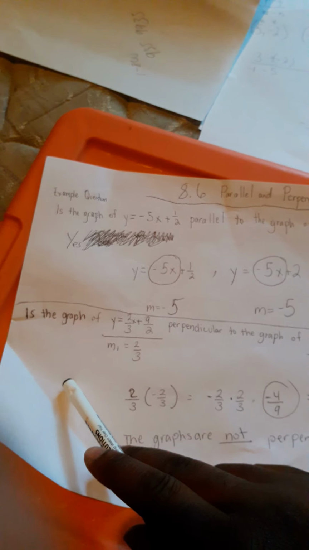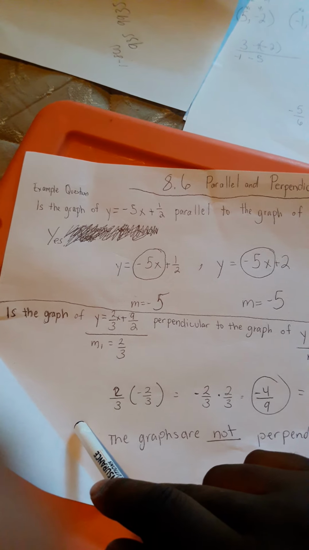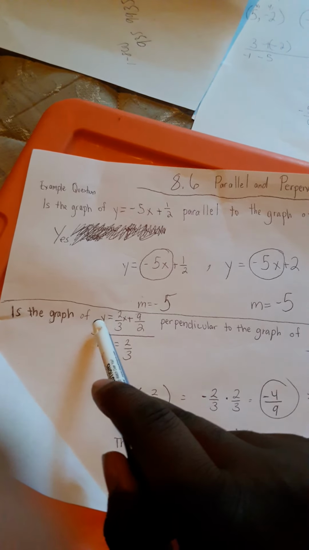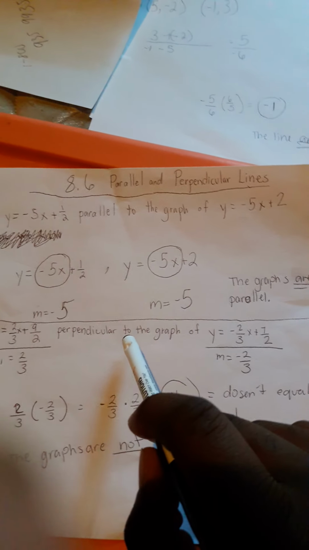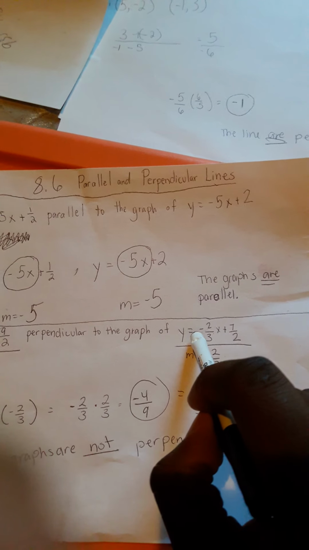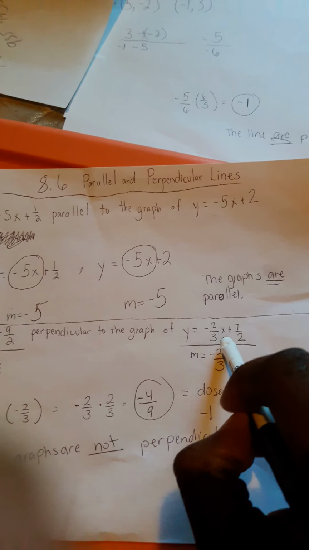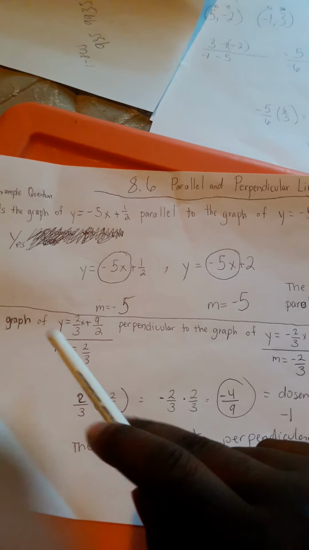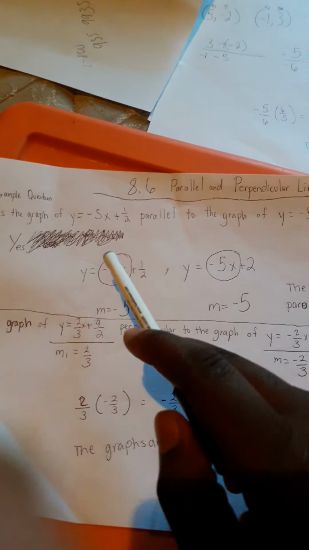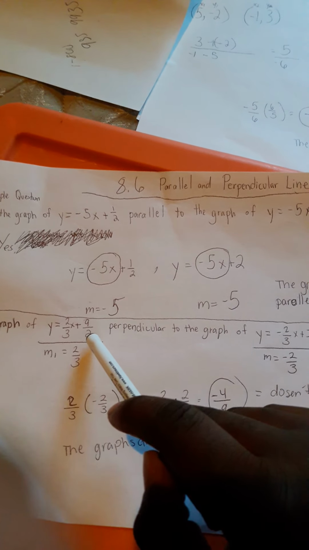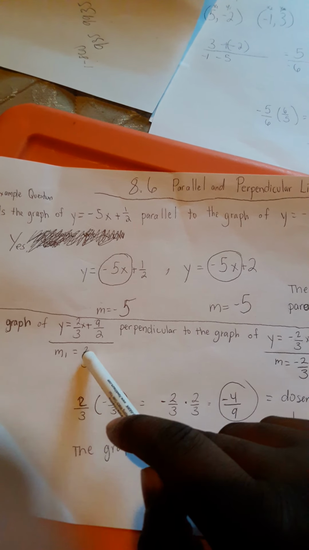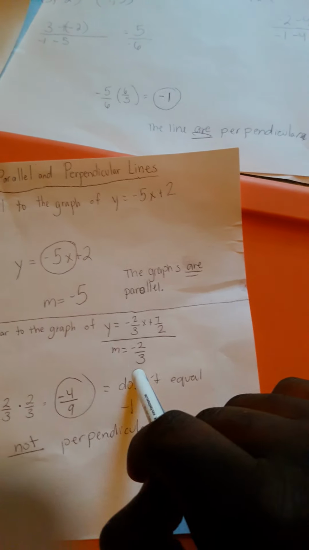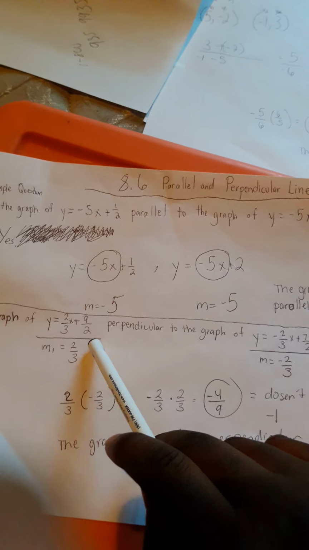Alright, the next question is the perpendicular one. Is the graph of y equals 2/3 x plus 9/2 perpendicular to the graph of y equals negative 2/3 x plus 1/2? Alright, so the same thing as before. We know that this is a y equals mx plus b equation. So we know the slopes are positive 2/3 and negative 2/3.